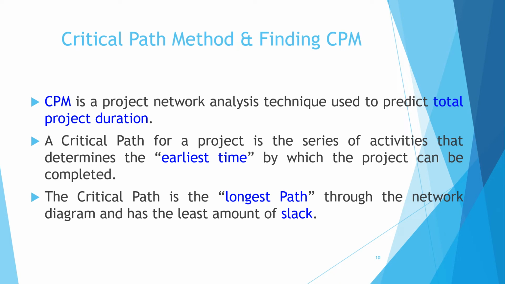A critical path for a project is a series of activities that determines the earliest time by which the project can be completed. When you are drafting the critical path, the longest path with the least amount of slack, that means zero slack, will be considered the critical path.